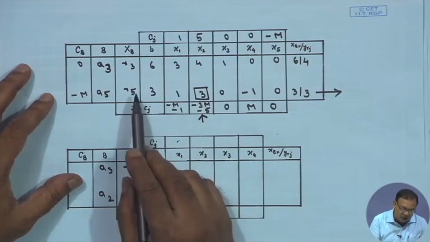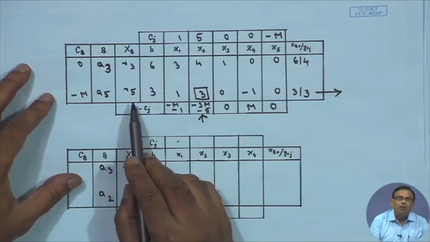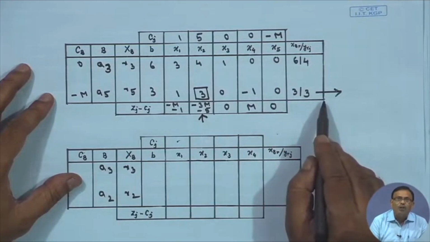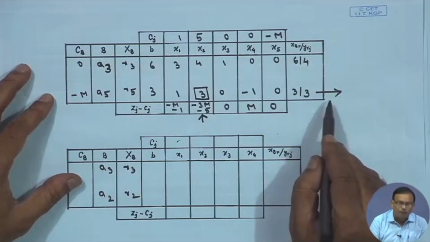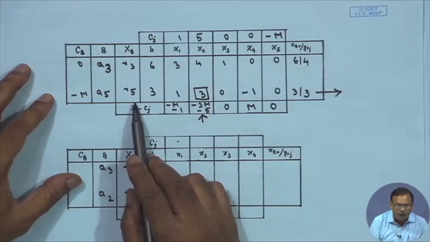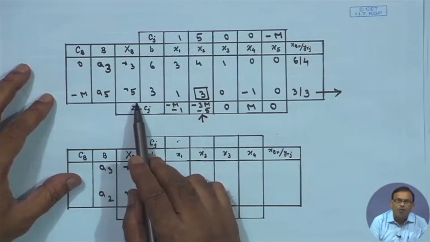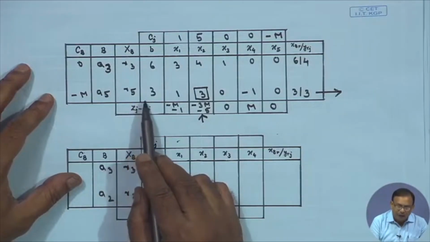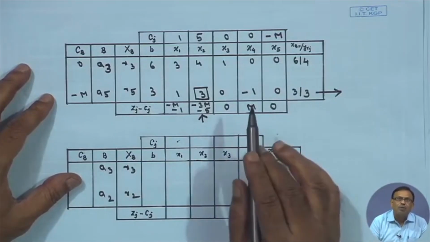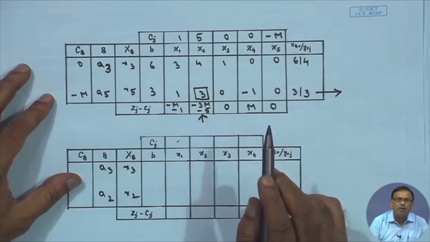Please note one point: after this, your outgoing or departing variable is the artificial variable x 5. Once the artificial variable goes out of the system, then in the next iteration you remove the column corresponding to the artificial variable also.